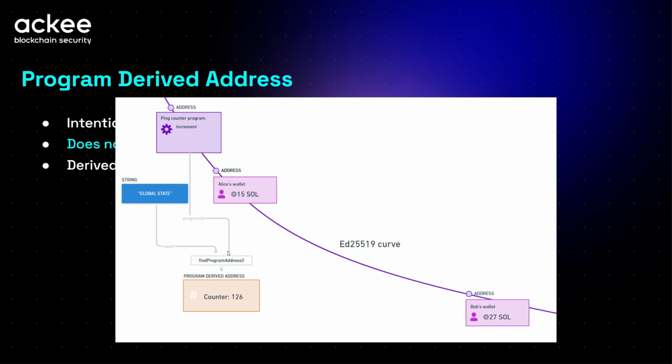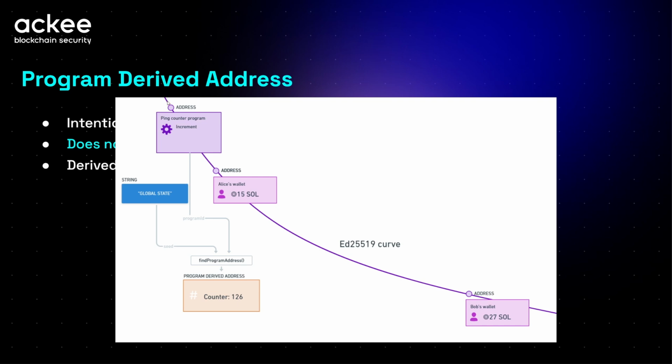That's the second part. Here is the function called find program address. This function actually finds the PDA, and you can see that the counter account has the program derived address, so it lands somewhere away from the curve.